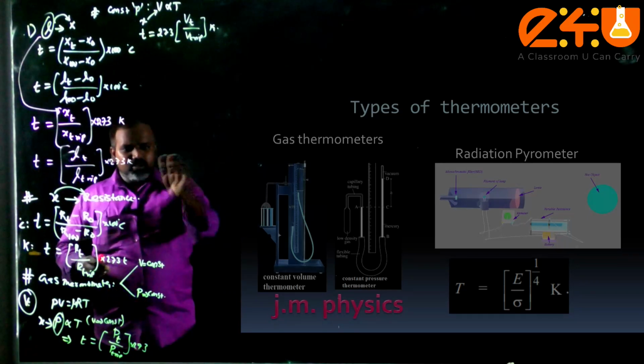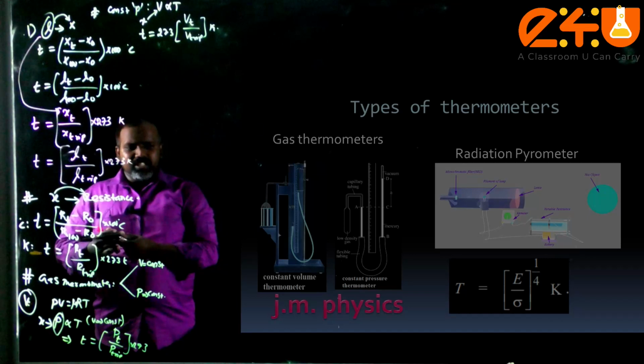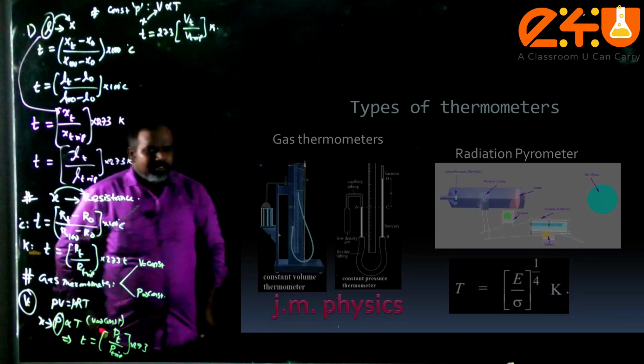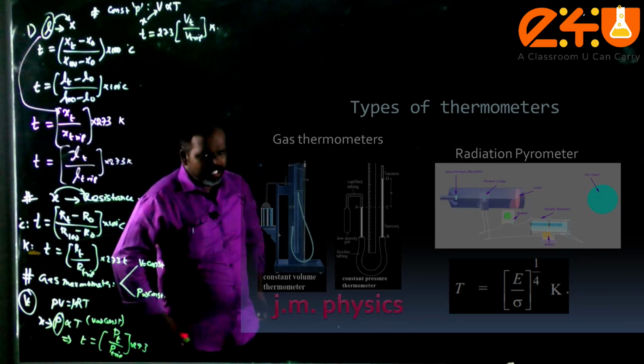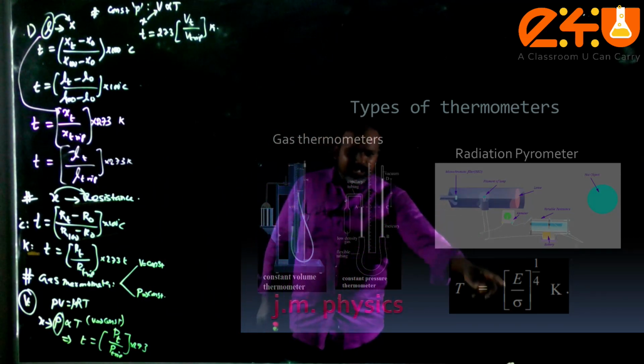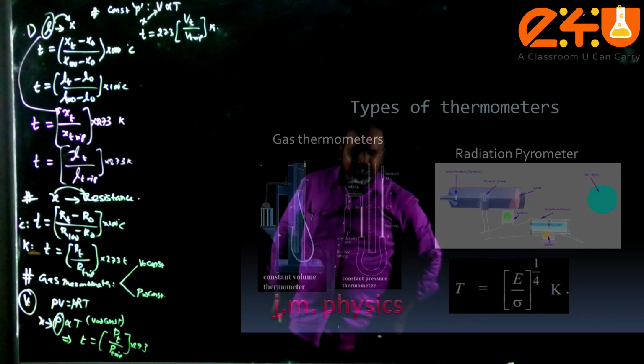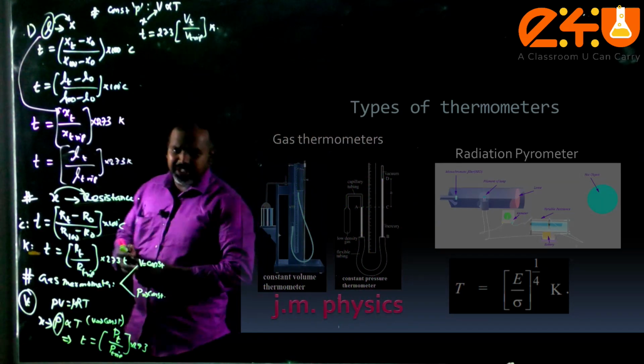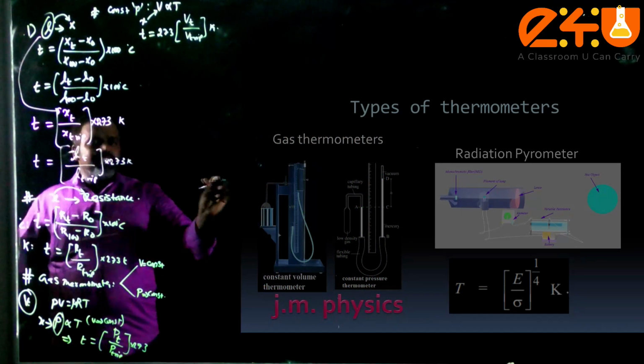So far we discussed the liquid, resistance and gas thermometers. They measure low temperature ranges. But there is also the radiation thermometer, which works on the basic principle of Stefan's law, which we will discuss in the radiation topic. This is the radiation pyrometer.